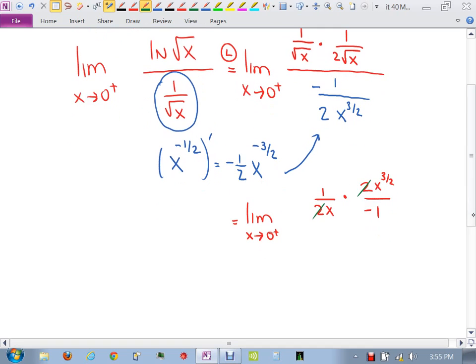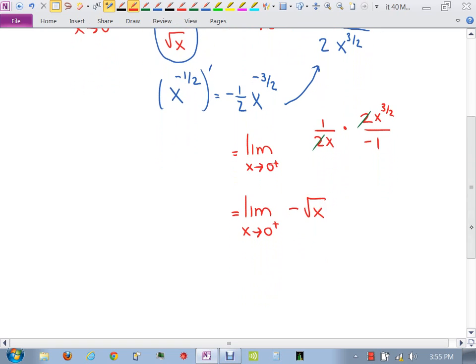What's x to the 3/2 over x? X to the 1/2. And I had a negative 1 down there, right? So I have an x to the 1/2 on top, and a negative 1 on bottom, which is basically square root of x over negative 1, which is negative square root of x.